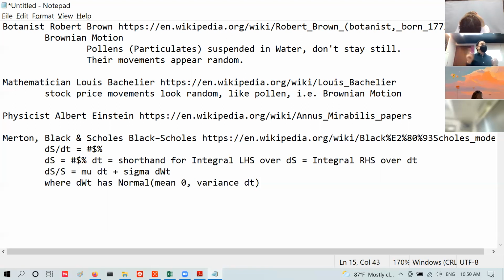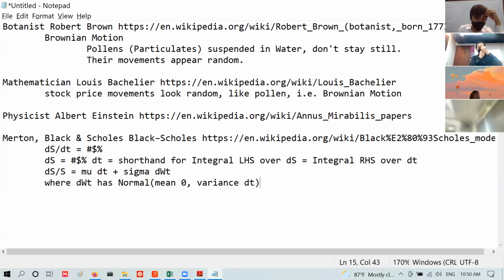What Einstein allowed Black, Merton, and Scholes to do was not to have just 1 second, 2 seconds, but to have dt's worth of seconds. So infinitesimally small. That's called differential time. So instead of having 1 second's worth of variance, 2 seconds' worth of variance, the stock price has dt's worth of variance if you close your eyes for dt seconds in a stock market.